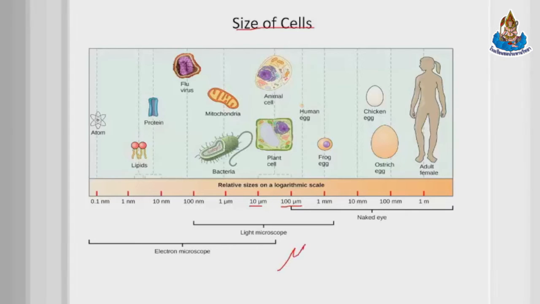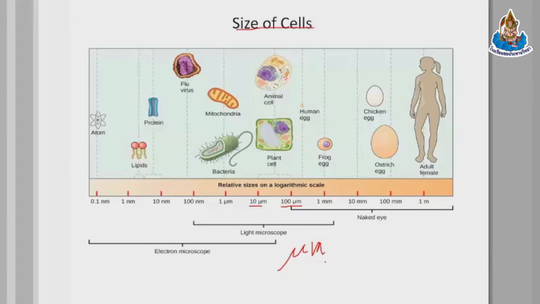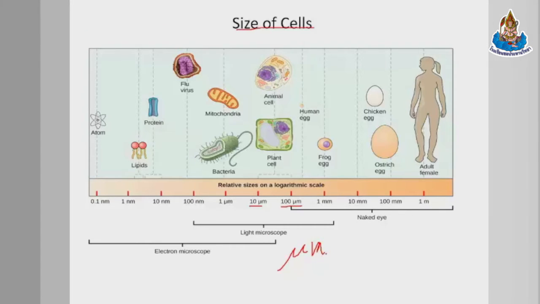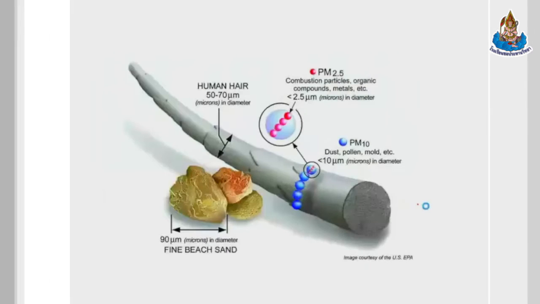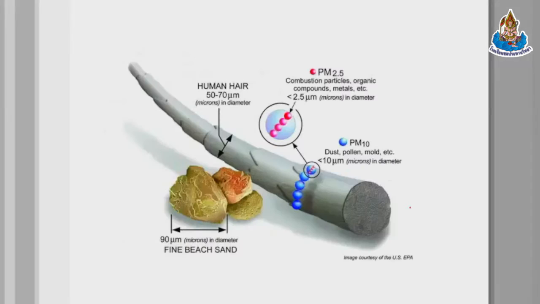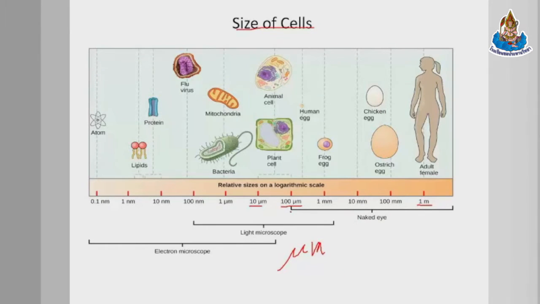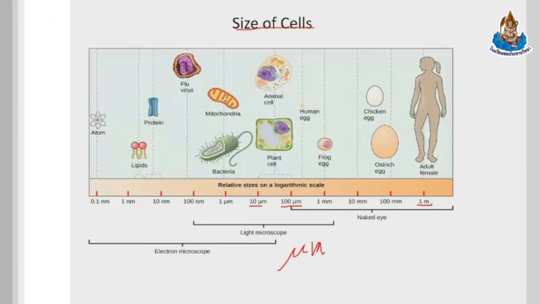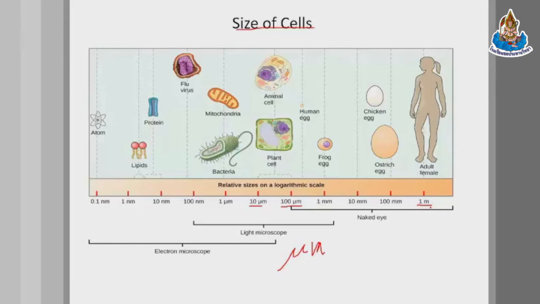The size of a human is around 1 to 2 meters. And the human naked eye can see from 100 micrometers or more. That means we barely can see cells with the naked eye, so we need a tool called a microscope.